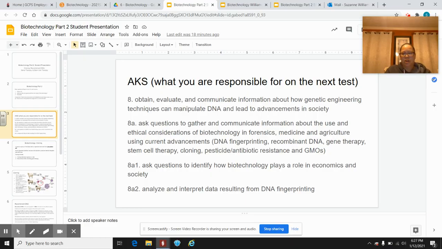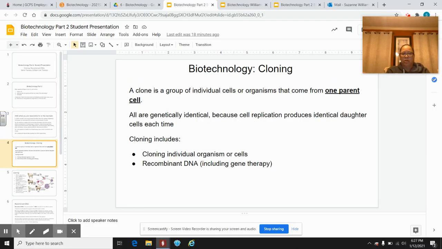This particular presentation is going to cover gene therapy, stem cell therapy, recombinant DNA, and cloning. And we're going to actually start with cloning. Since we read an article about it, let's start there. So a clone is a group of individual cells or organisms that come from one parent cell.